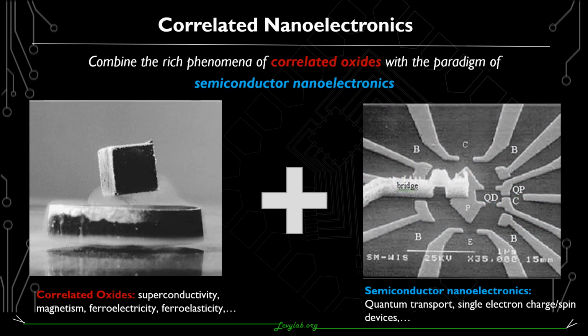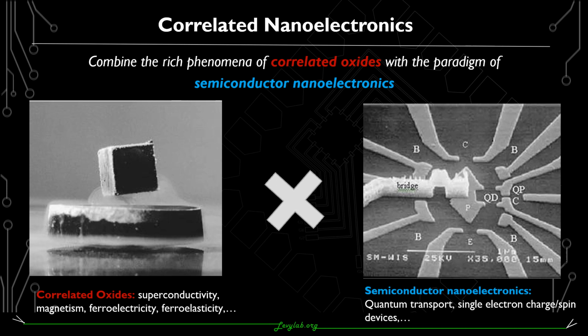Our group is interested in an emerging field of research called correlated nanoelectronics, where we take some of these intrinsic properties of bulk complex oxides, such as superconductivity, and add them to the paradigm of semiconductor electronics, as seen here with a gallium arsenide interferometer.